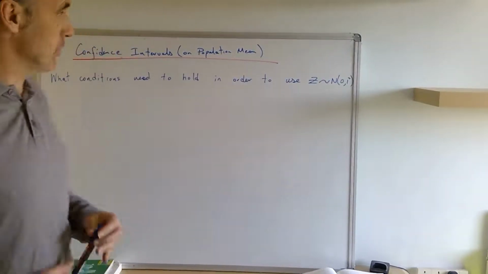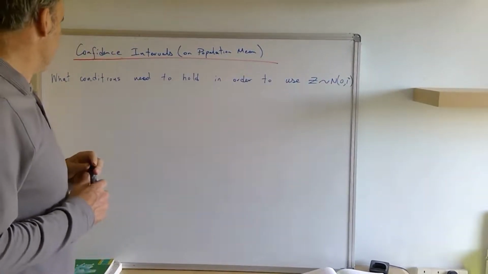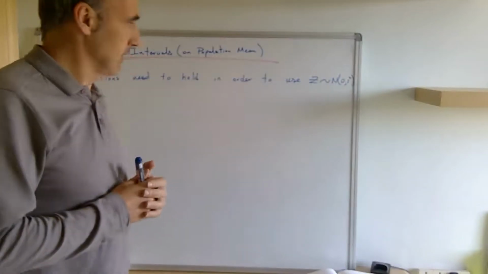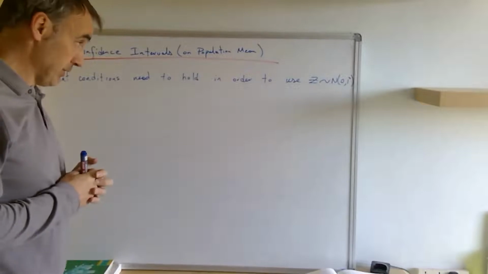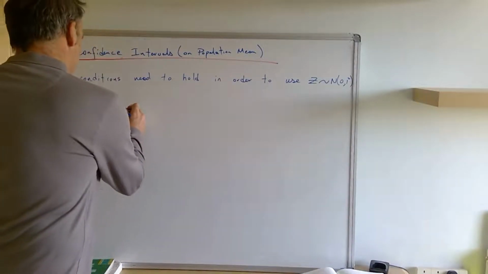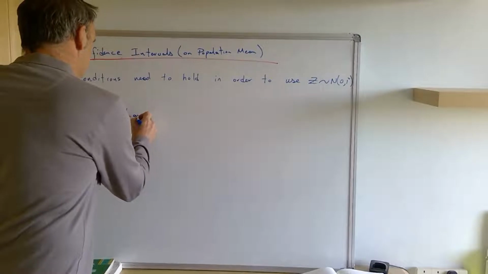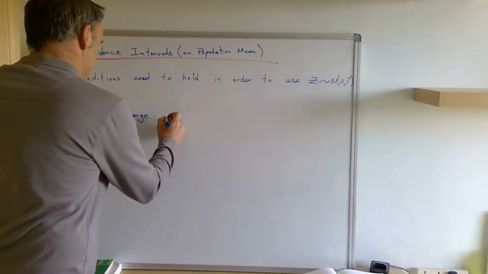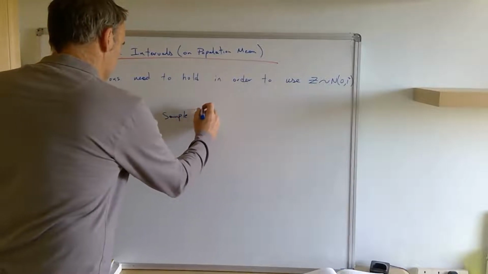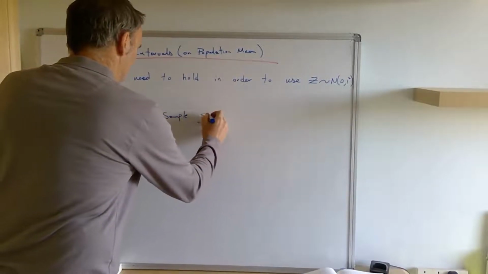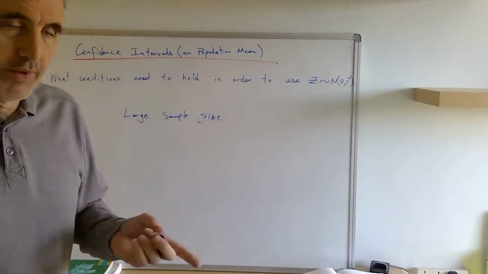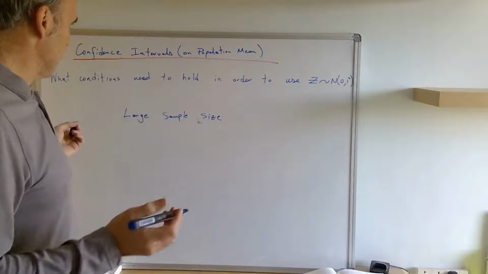Okay, so now let's move on to what conditions need to hold in order to use this technique using the standard normal distribution. Let's split it into two things. Let's see if the sample size is large. Then we've covered the central limit theorem, so we don't really need a lot.